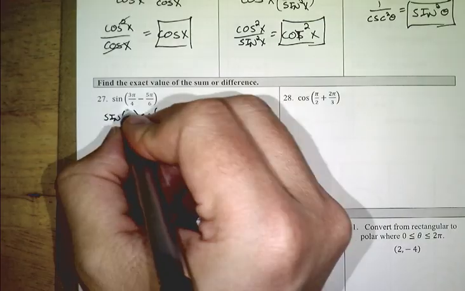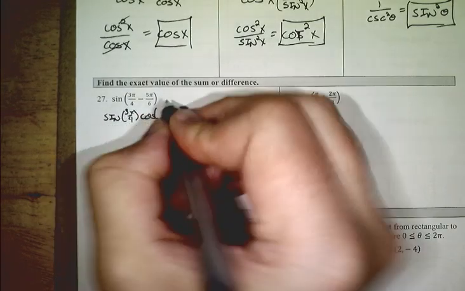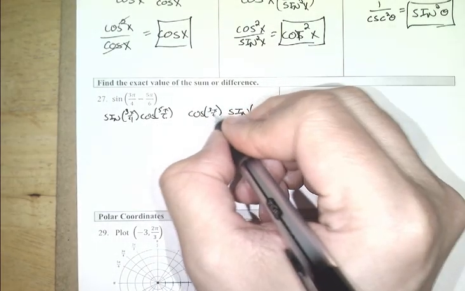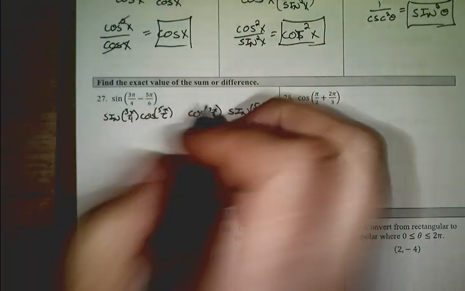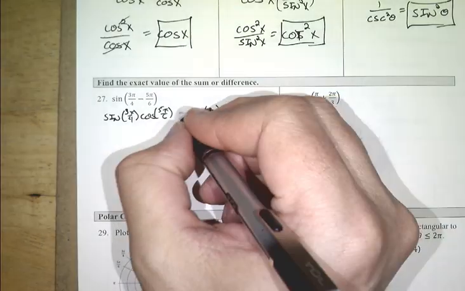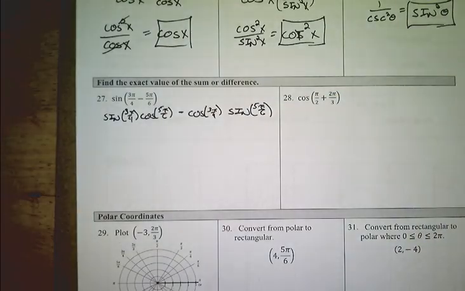Then I fill in my angles: 3 pi over 4, 5 pi over 6, 3 pi over 4, 5 pi over 6. And then for sine, the sign stays the same, so that'll be a minus.